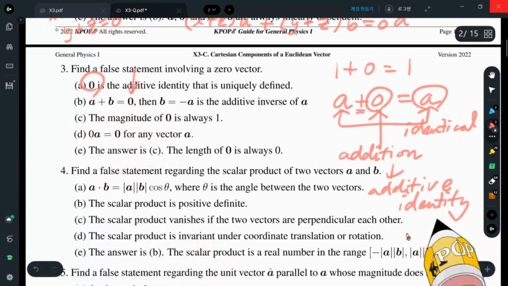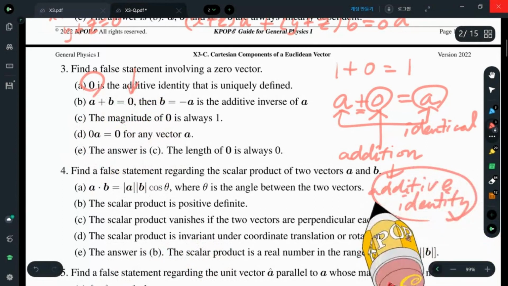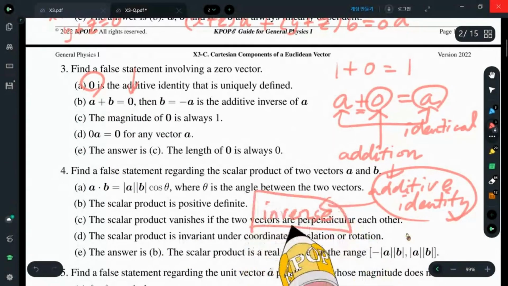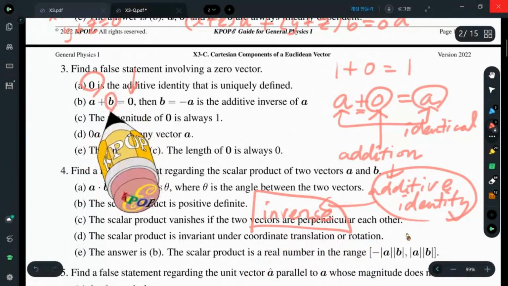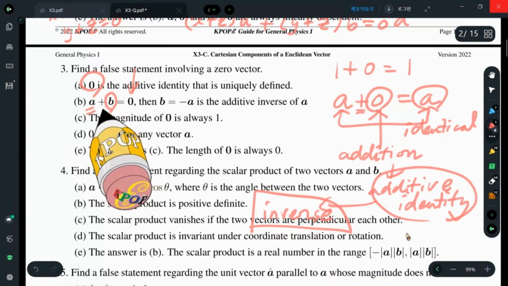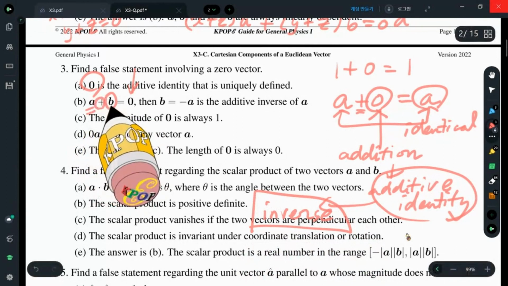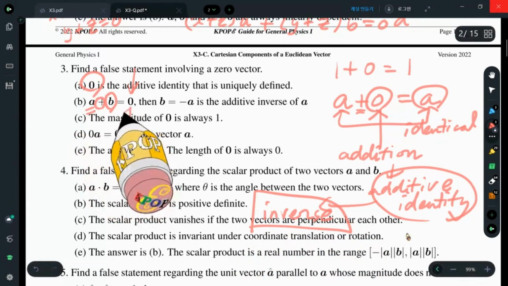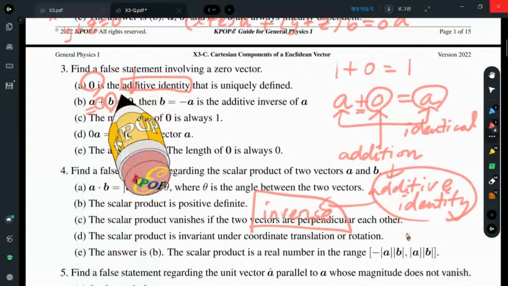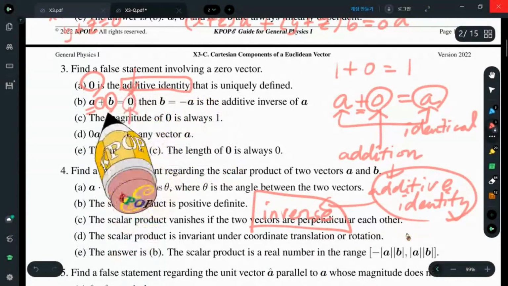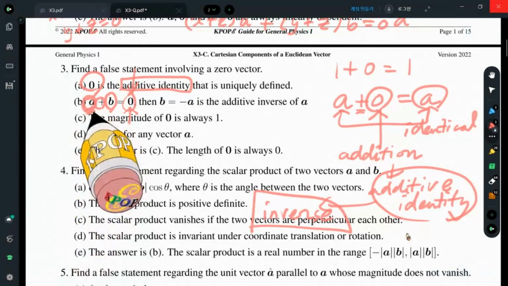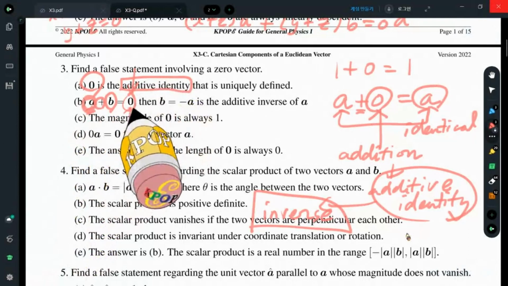And then once you know the identity, you might want to obtain the inverse. B is the additive inverse of A if the operation called addition applied to A and B gives the additive identity. So you cancel. That means this front term disappears to become the additive identity.